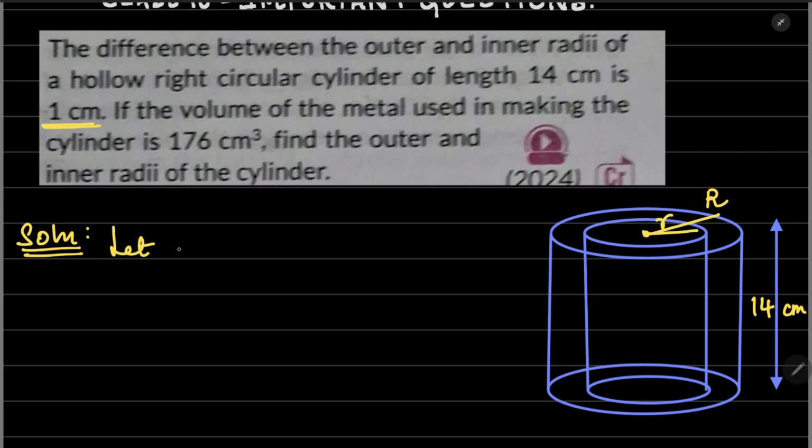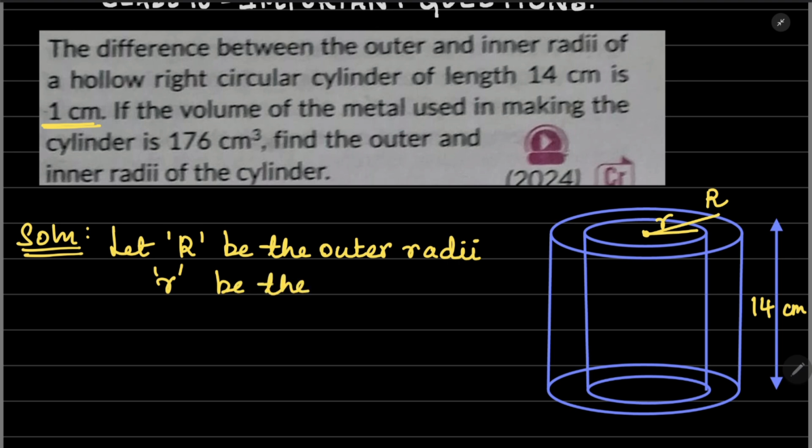So let capital R be the outer radii of the cylinder, and small letter r be the inner radii.